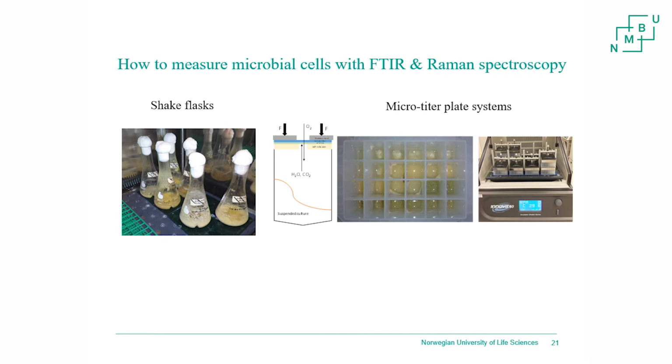So, how to measure microbial cells in FTIR and Raman spectroscopy? Before doing the measurements, we need to grow or cultivate the cells. And here you can use different approaches. The most traditional one is the shake flasks. And currently, more and more in use is a more high throughput approach using microtiter plate systems.